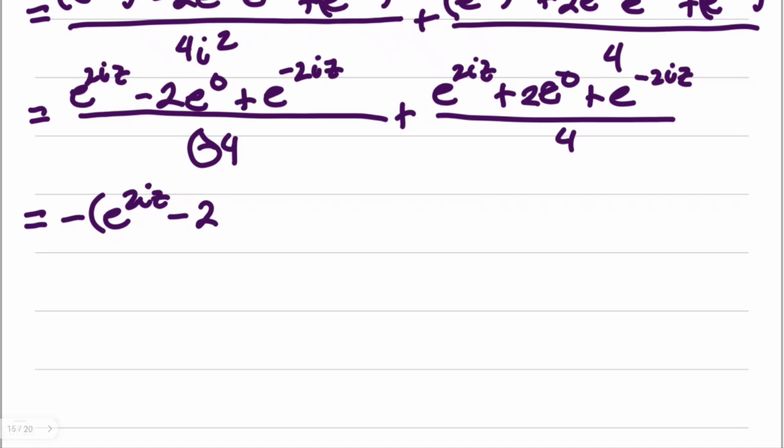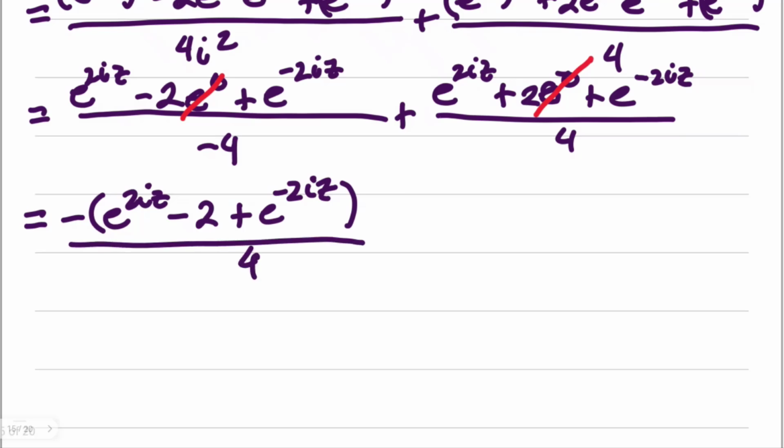Let me simplify the e to the power of 0. We know that any expression raised to 0 is just equal to 1, similar to this as well. That's why I only have 2 for the second term. And for the third term, plus e to the power of negative 2iz still. Then this is all over 4. Plus the other side, you will have e to the power of 2iz plus 2 again, because this is equal to 1, and you will have plus e to the power of negative 2iz all over 4.